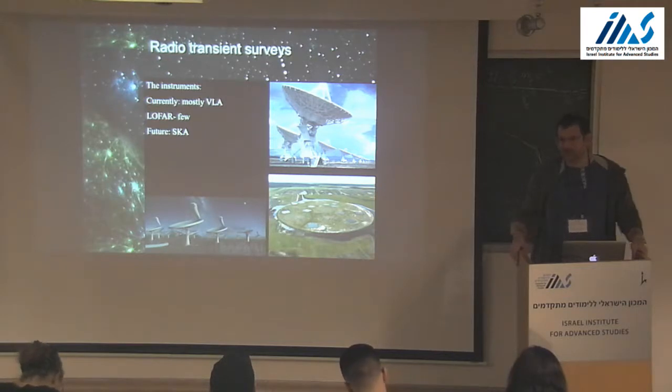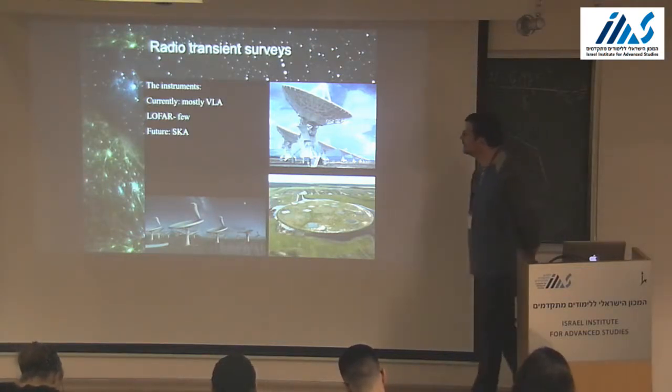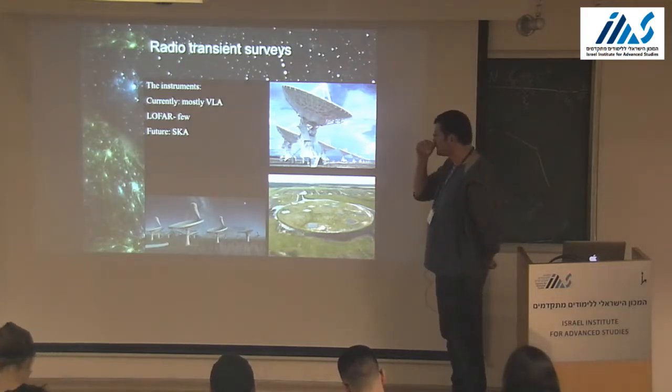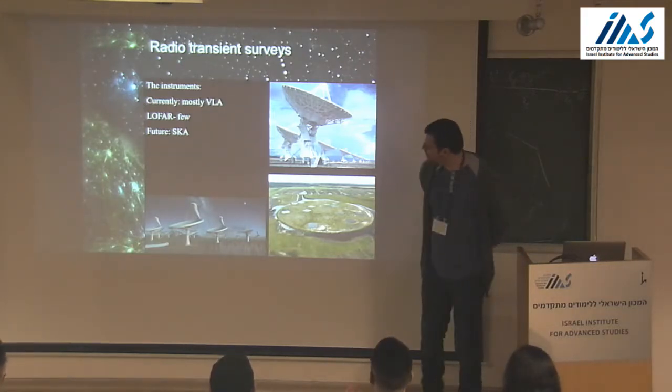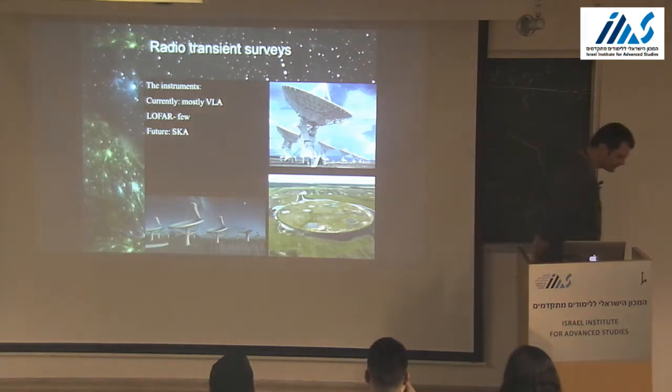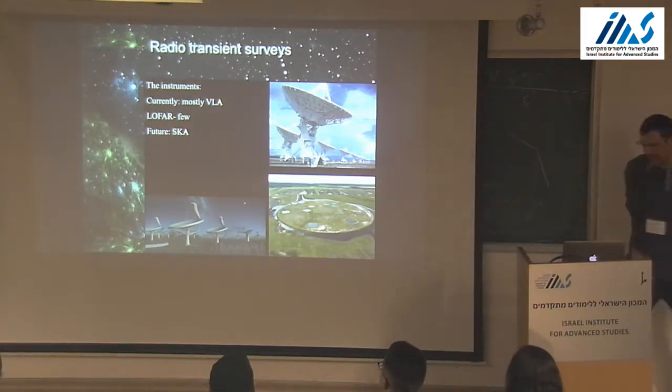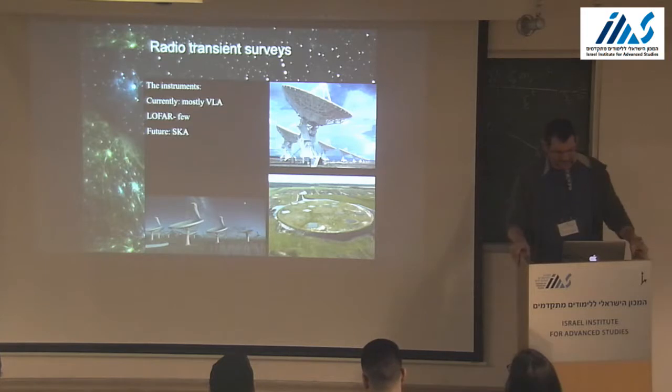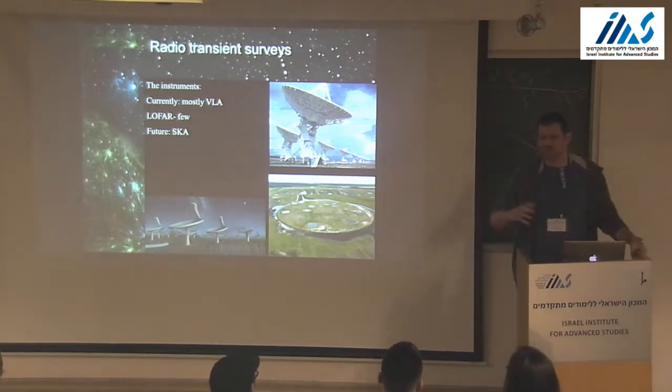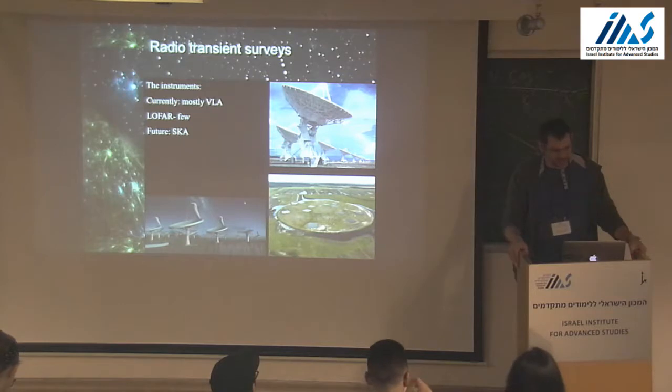We'll start properly from the lowest energies with radio transients. This is maybe the part where I'll be the most condensed. Radio astronomy is a huge area, and searches for transients in radio have a long history.